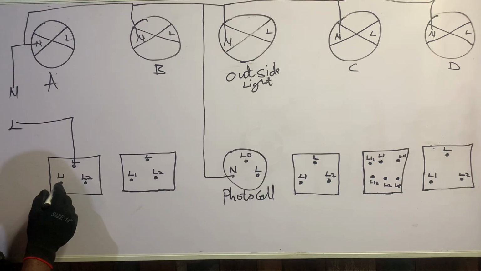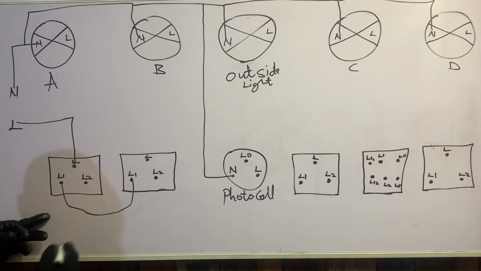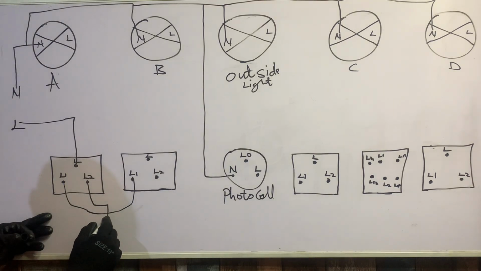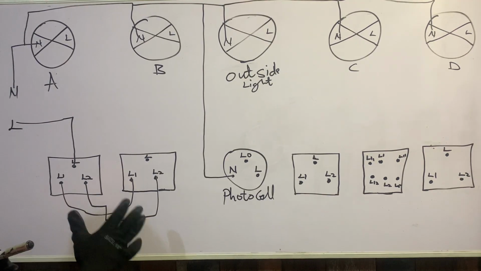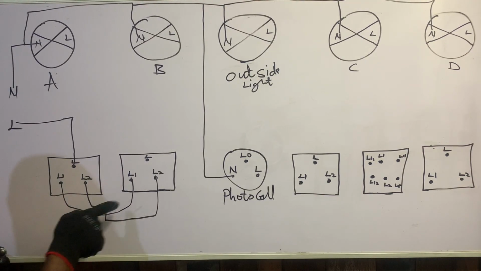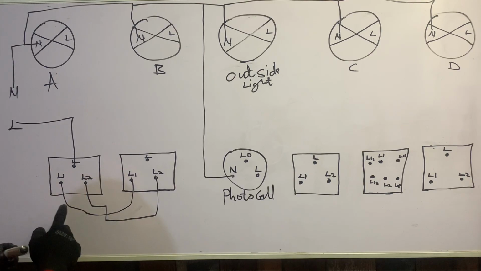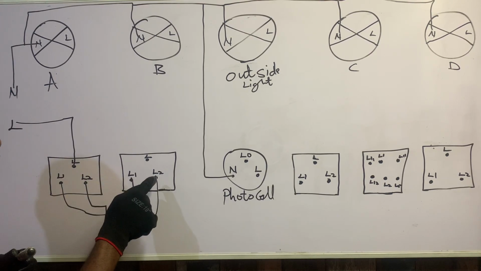With the stripers cable, the L1 is going to L1 here, and the L2 is going to L2 here. You understand? L1 is going to L1 here. Remember, this cable is a stripers cable, so L1 is going to L1, and L2 is going to L2 here.